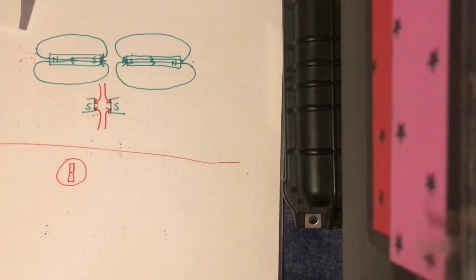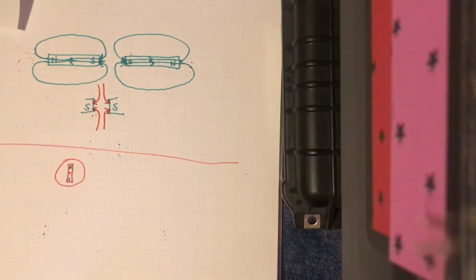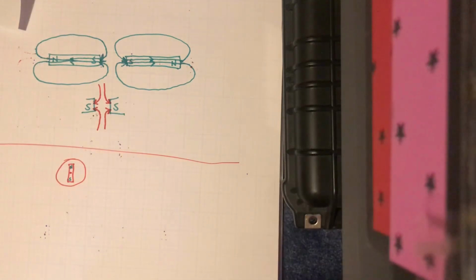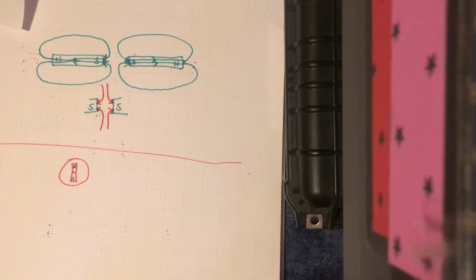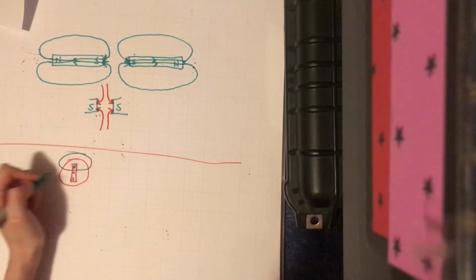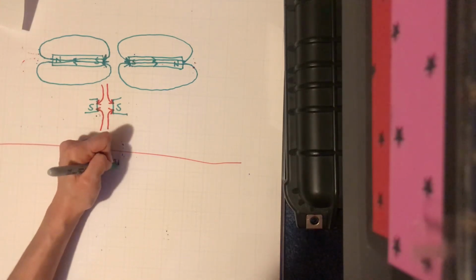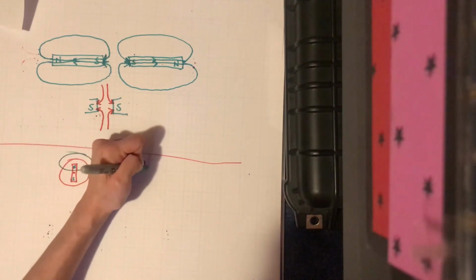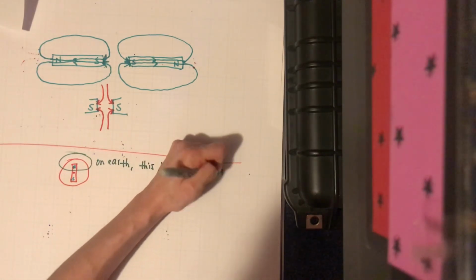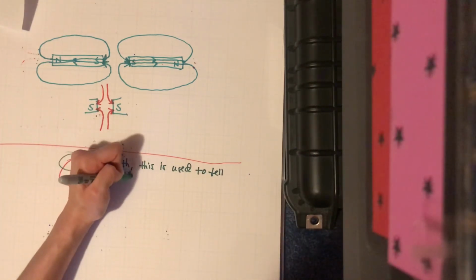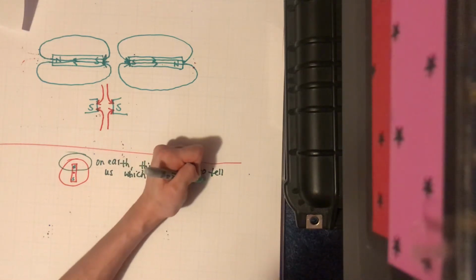A compass has a freely floating bar magnet with a north pole and a south pole, and this north pole is supposed to tell us which way on Earth is due north.